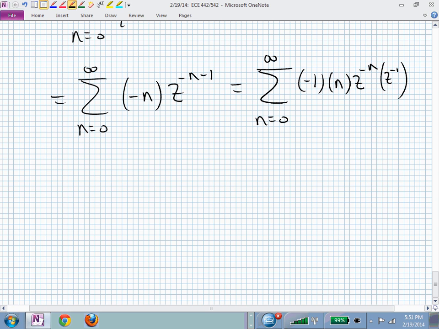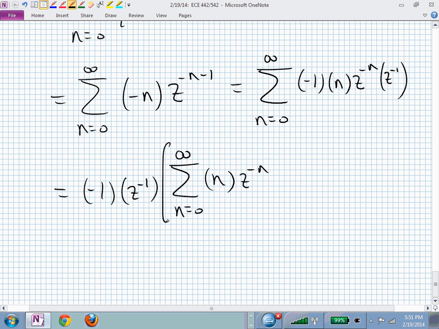The minus 1 is not a function of n either, so I can pull that out, and I'm left with the left-hand side, when differentiated with respect to z, being minus 1, z to the minus 1, times this sum from n equals 0 to infinity of n z to the minus n. And that's the piece that I really was hoping to create. That's that unknown sum that I hope I can find an expression for.